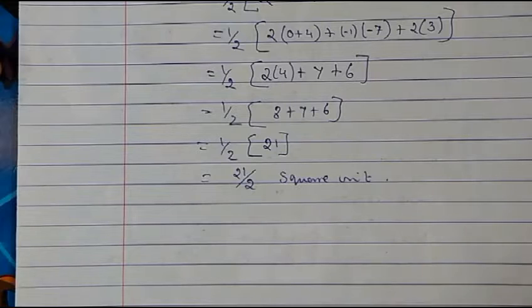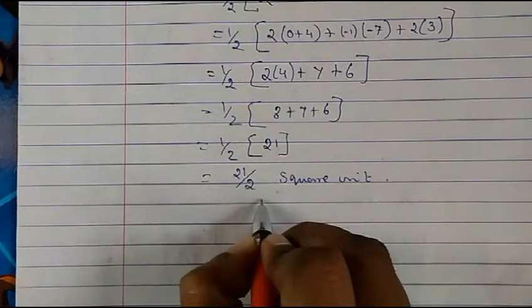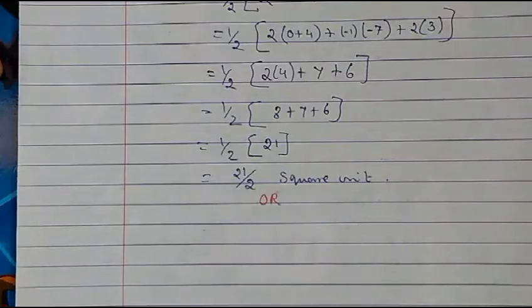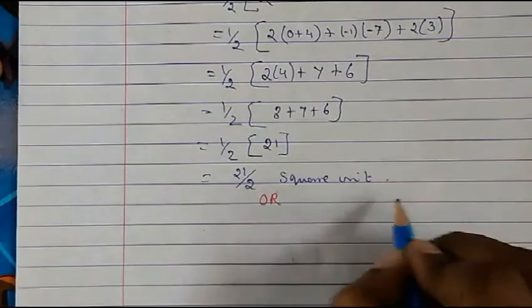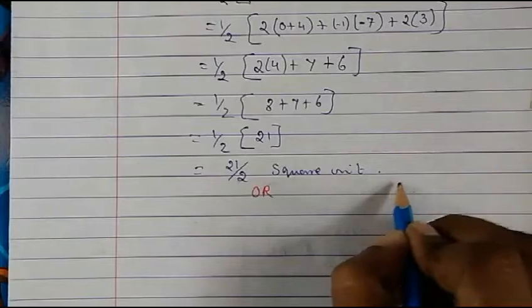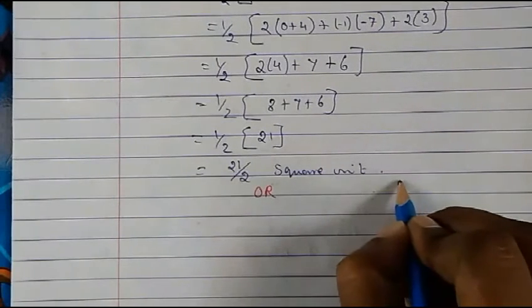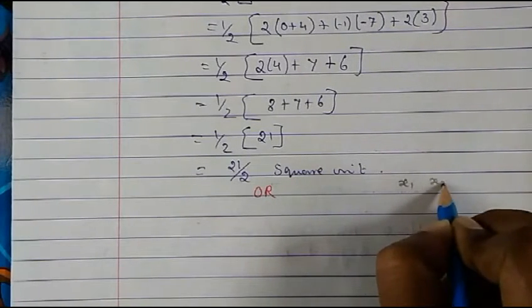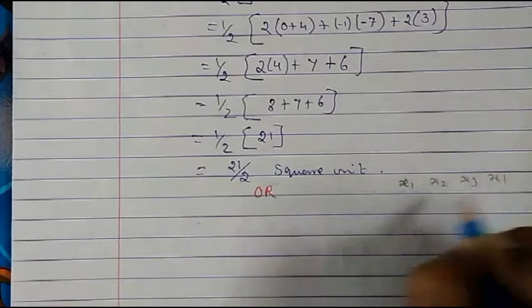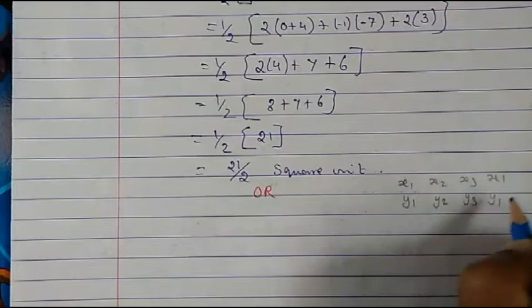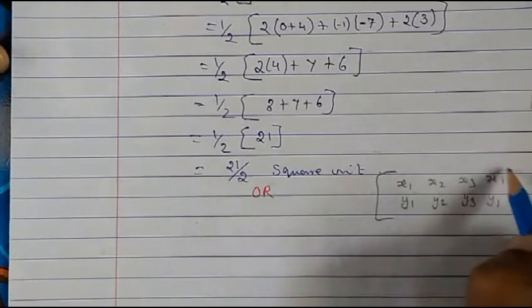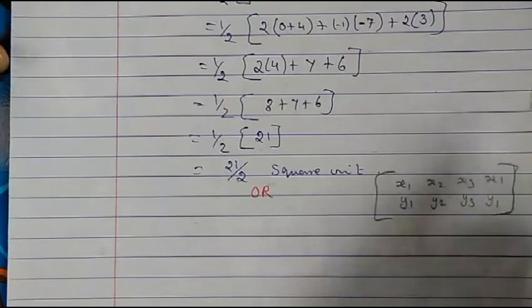This is by the first method using the formula this way. The other method I will show you, which I showed in the introduction part: you write down like this, x1, x2, x3, x1 and y1, y2, y3, y1.